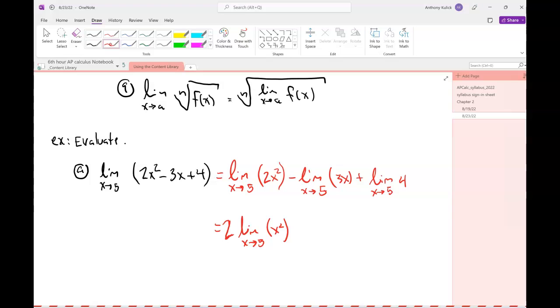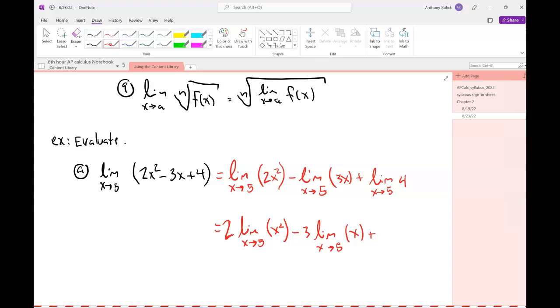I'm going to do that same property on the second limit, so I'm going to use that to pull the 3 out front. And then I can use property 7 on the third limit.